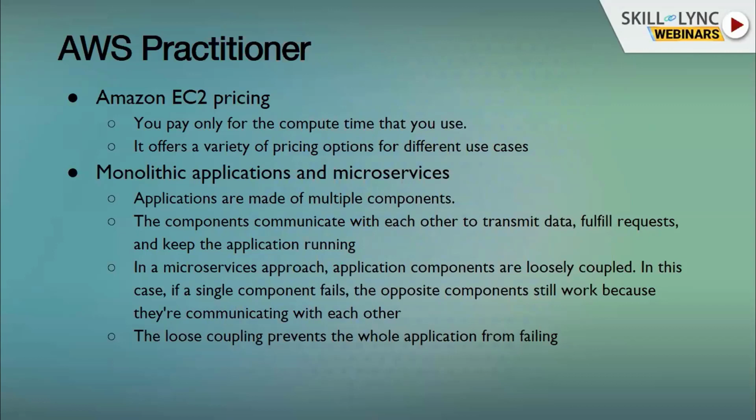So that's the EC2 instance. Monolithic and microservices is not part of EC2, but in the current trend, most of the organizations are preferring to use microservices, and there are huge differences between monolithic and microservices.